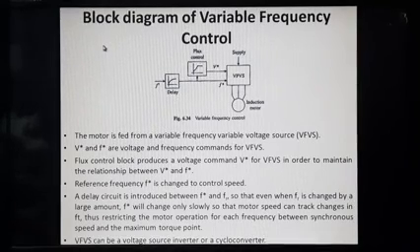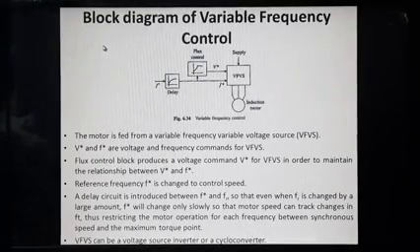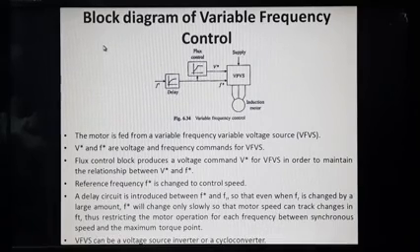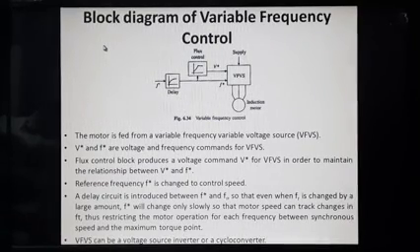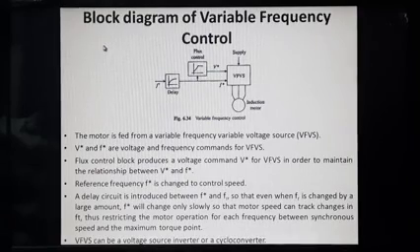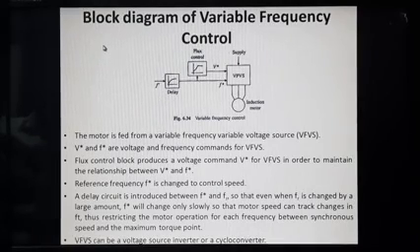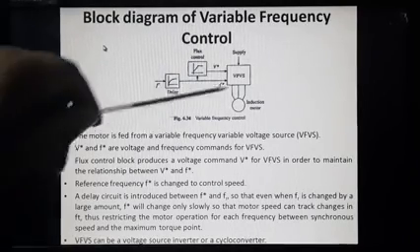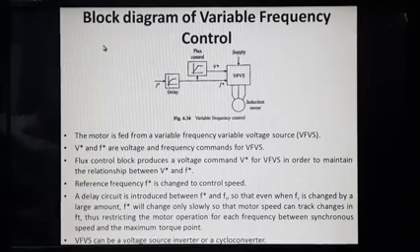We will be using two other blocks. One is flux control, the other one is delay. So let us see how we are going to achieve the V by F method of speed control by using this block diagram. Whenever you are trying to reduce the speed below the base speed, you will be changing the frequency supply to the induction motor to a value which is less than the base frequency.